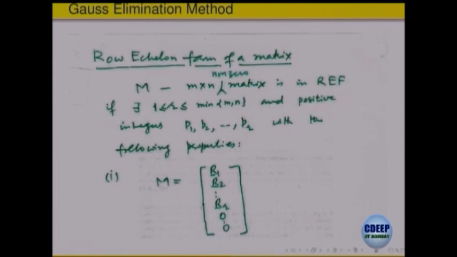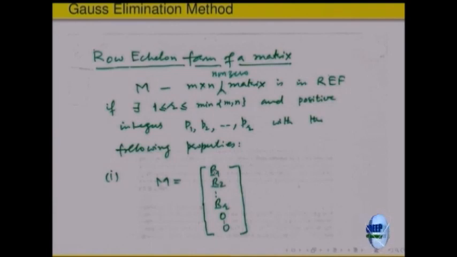Is it clear? That is why this condition is put. If it is a 3 cross 2 matrix, this number r cannot be more than 2; it cannot be 3, it has to be 1 or 2 only.